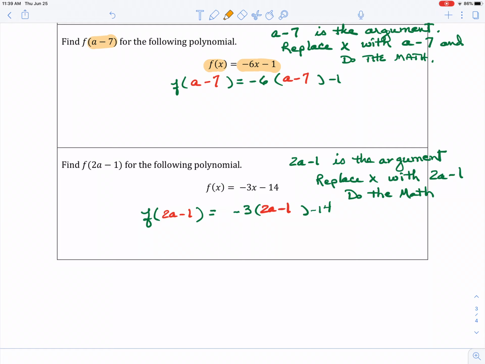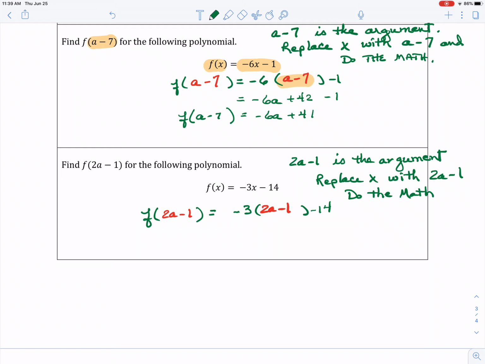I've removed the letter x and replaced it here with the a minus 7. And on this one, that's the best I can do, is just to tell you that when I took this function f and I plugged in an a minus 7 argument, this is what I got, negative 6a plus 41.